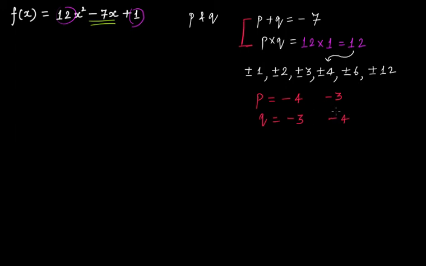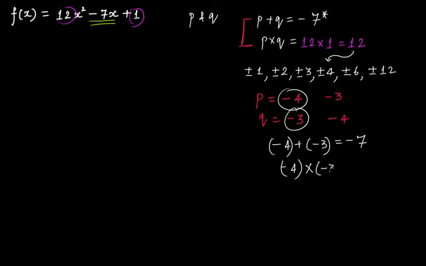Ultimately you get the same thing: one number is minus 4 and the other is minus 3. Minus 4 plus minus 3 is equal to minus 7, and minus 4 multiplied by minus 3 is equal to 12. That is what we want. So these two numbers are negative numbers.